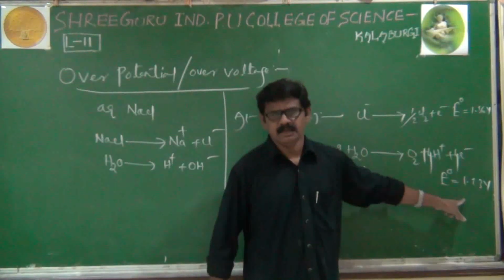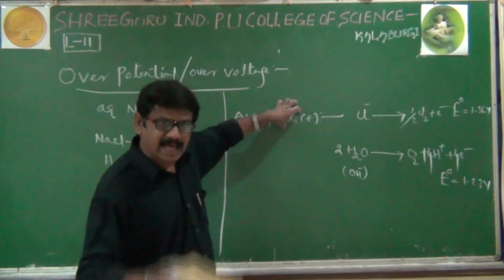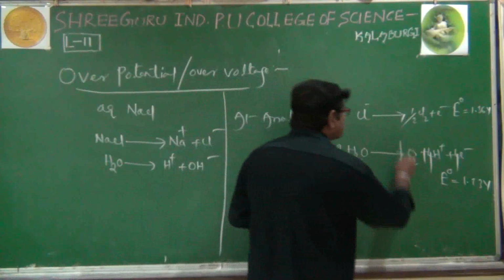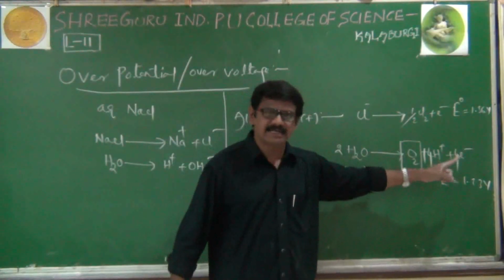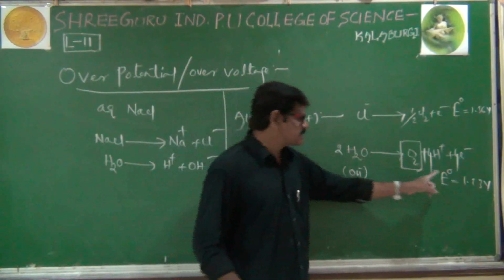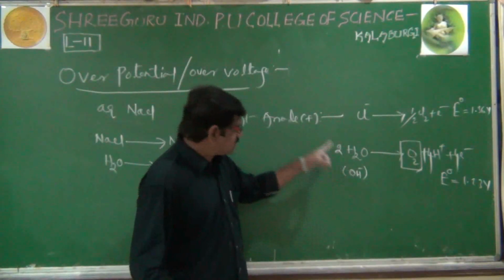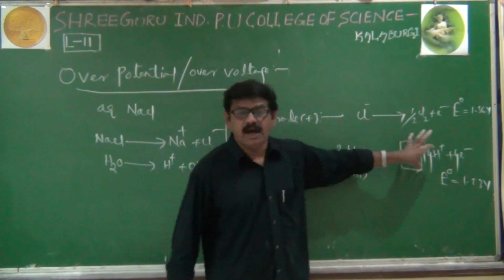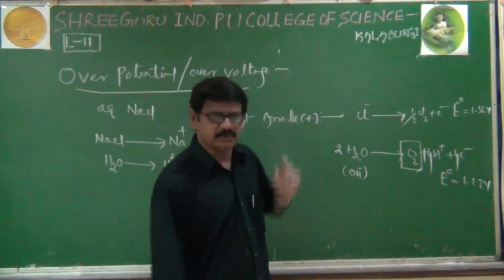Based on SRP value, only OH- ion should come to the anode and discharge. That means at the anode oxygen gas should liberate. I'll repeat: because of the lower SRP value, only OH- ion should undergo oxidation at the anode, so oxygen gas should liberate at the anode.